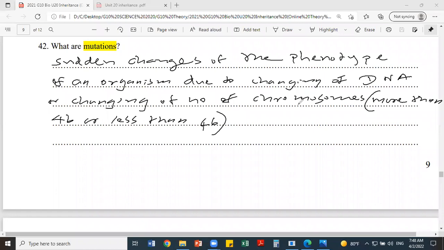In the next generation there will be more children of that type. You understand what I'm saying now? That mutation is a good adaptation for their survival. But some mutations are harmful, then they die, or that will not be seen easily. So these are called chromosomal mutation.